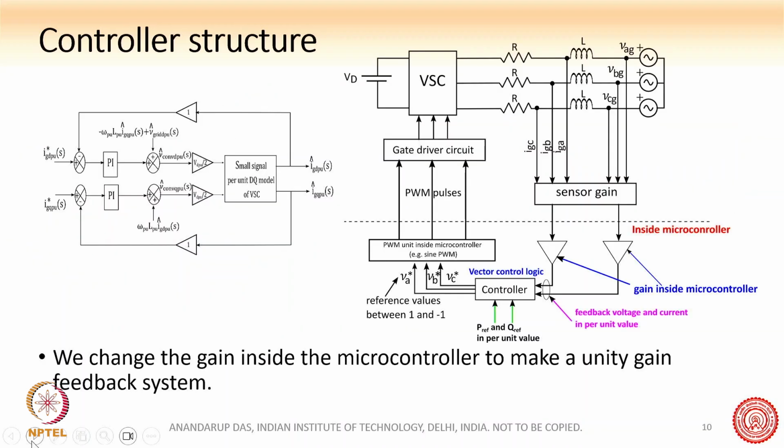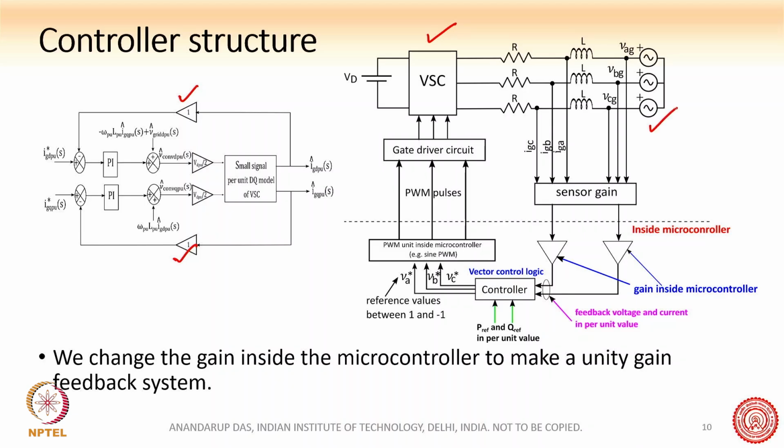Now one question that is sometimes asked is, how do we get the unity gain feedback system? We get a unity feedback system in the experimental implementation, suppose we use a microcontroller. You can see here this is the real system: the voltage source converter and the grid.